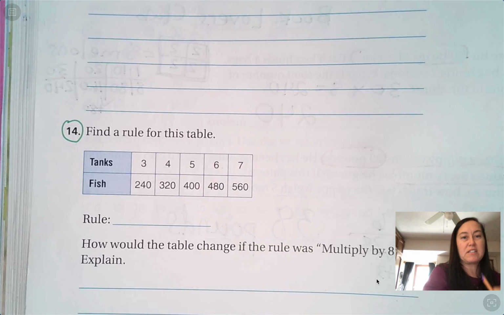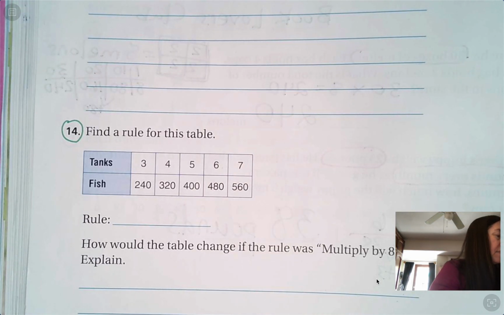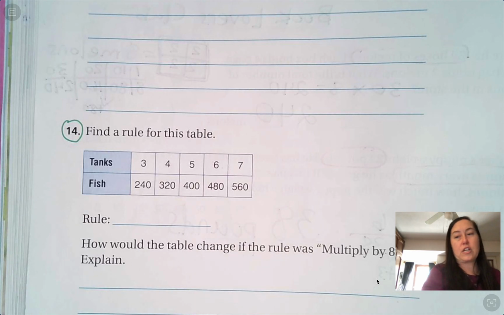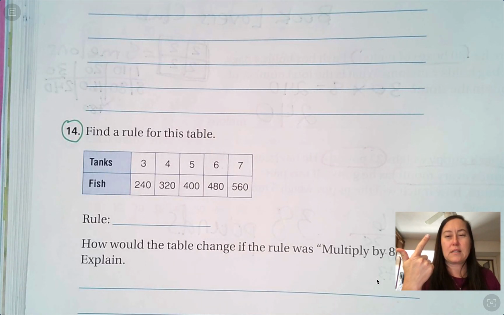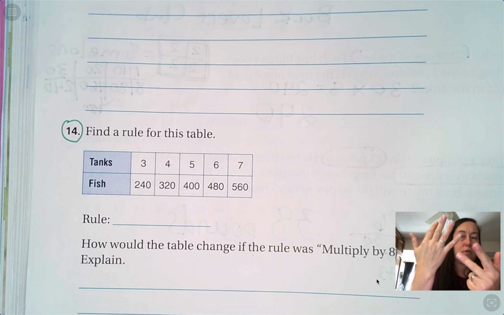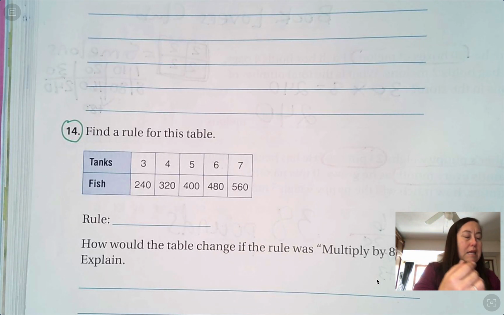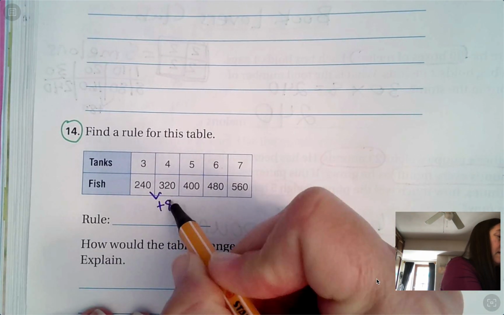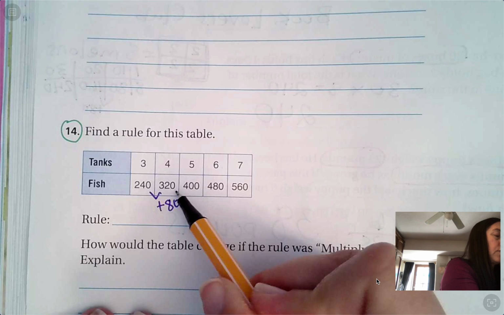So what am I counting by? How am I increasing? If I just want to see the difference between 24 and 32, 24, 25, 26, 27, 28, 29, 30, 31, 32. Oh, it's plus 8. Oh, with a 0. So plus 80, right? Does that work 32 to 40?